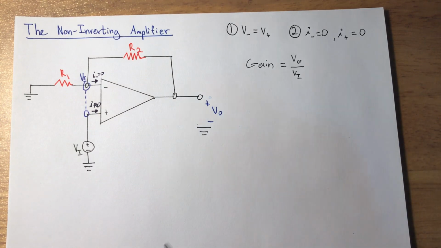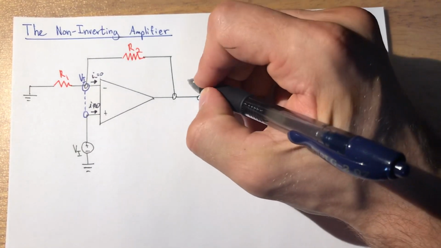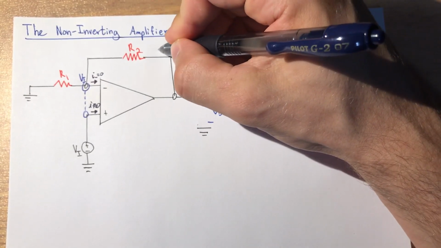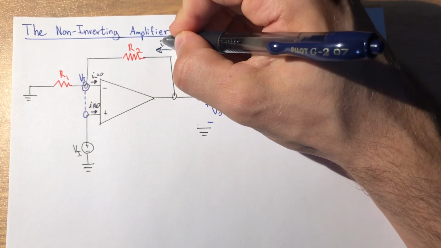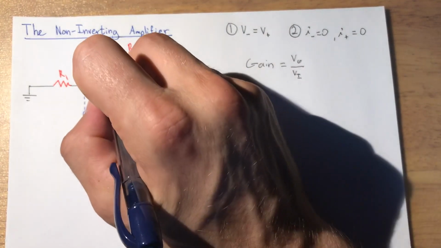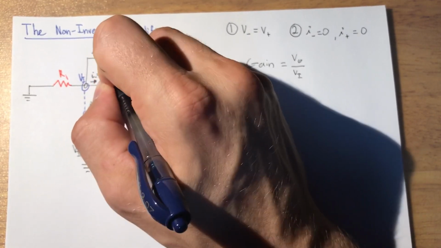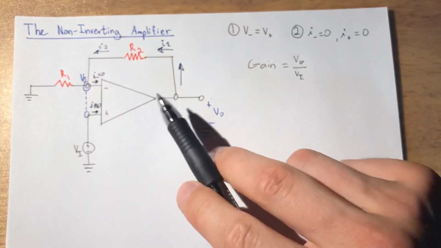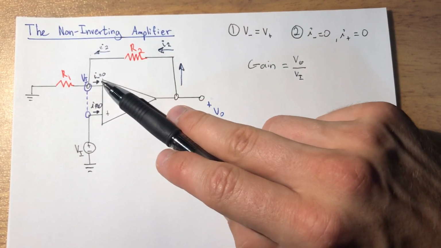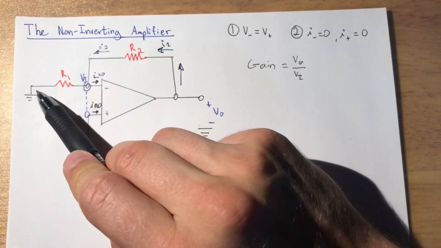We know, because there is a voltage here, that the current will flow here, and then it will flow here. We'll call it I2. It's going to flow through this resistor, I2. It's going to flow down here. And then when this current flows here, we know this current is 0, so it has to flow this way.